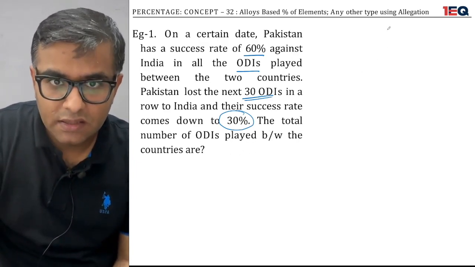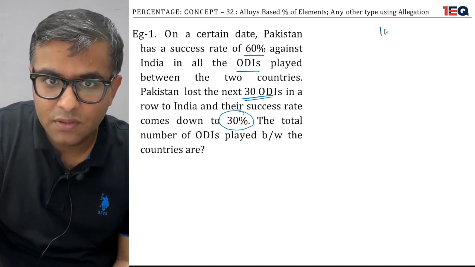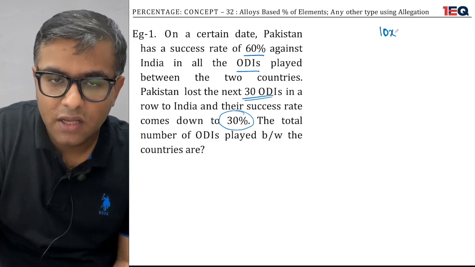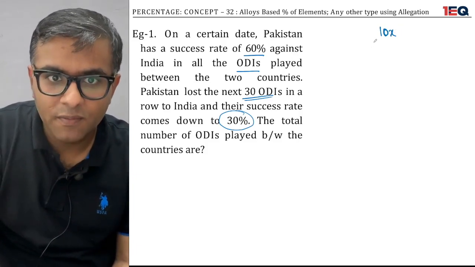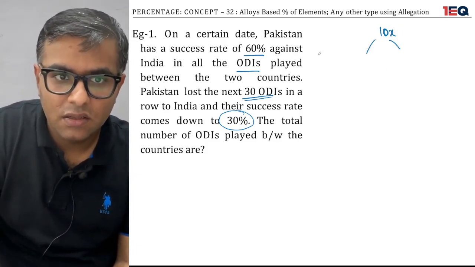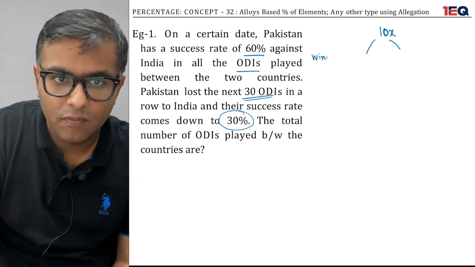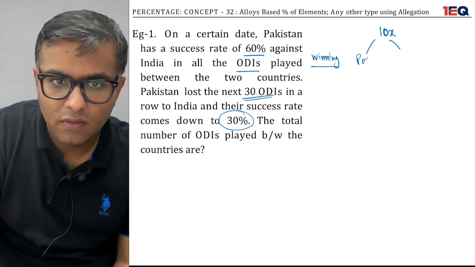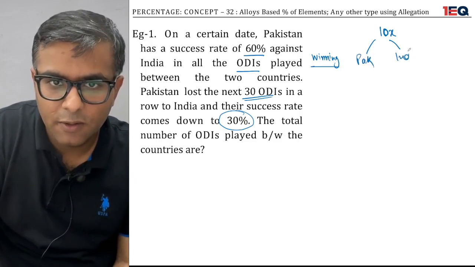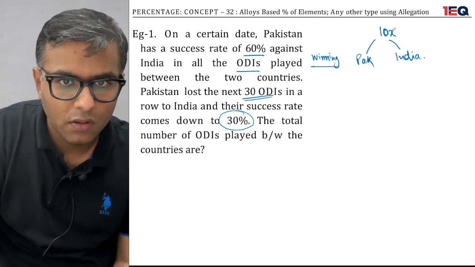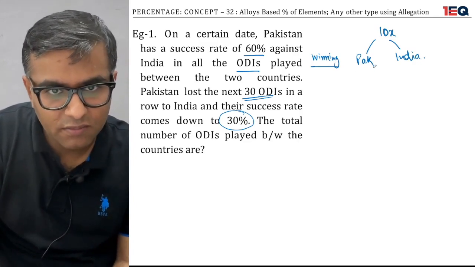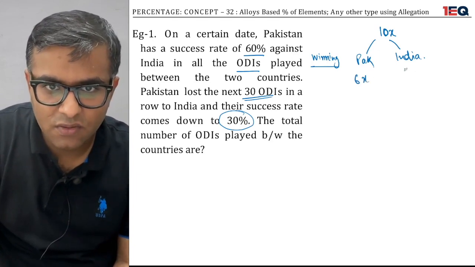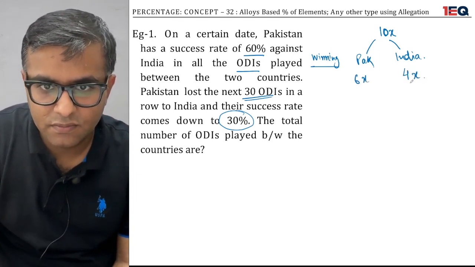Okay. In this kind of question, I'm going to start off with an assumption. The assumption is that the total number of matches played initially were 10x. And according to 10x, the matches already won by Pakistan were 6x, and the matches already won by India were 4x.